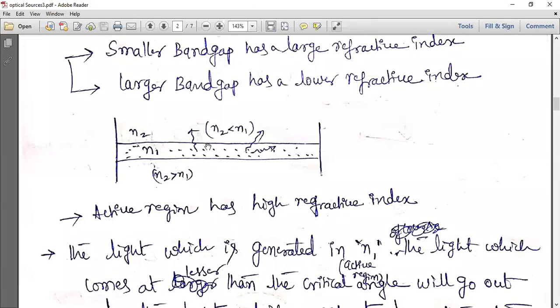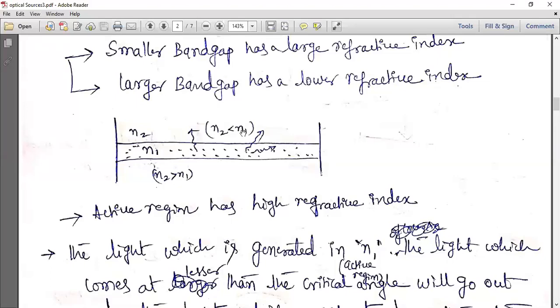Okay, once the recombination happens here in the active region, the light is generated. Some of the light is confined here itself, or some of the light will go out. We know the basics of optical communication: if the light is incident above the critical angle, it will propagate within this particular layer itself. If it is below the critical angle, then the light will go out to the next layers.